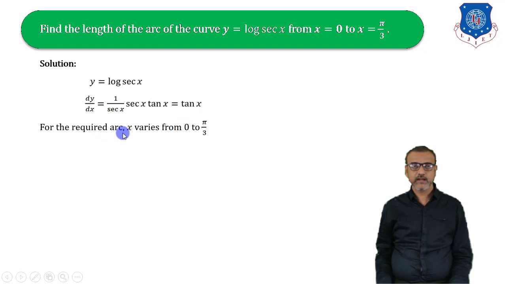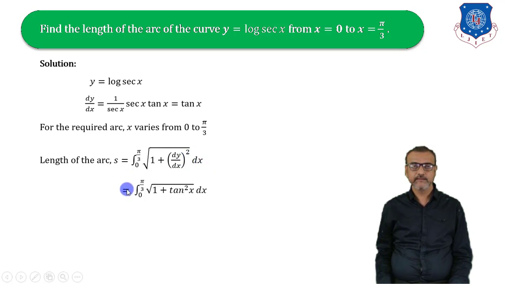For the required arc, x varies from 0 to pi by 3, which is given to us. Therefore the length of the arc s equals integration from 0 to pi by 3 square root of 1 plus (dy by dx) the whole square dx, which equals integration from 0 to pi by 3 square root of 1 plus tan square x dx.